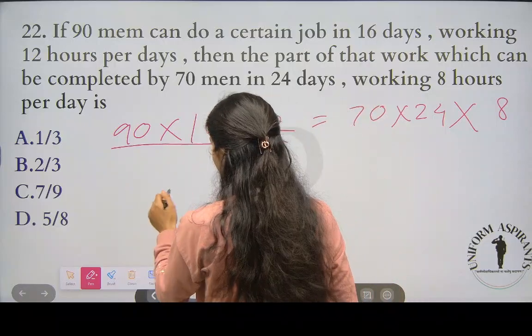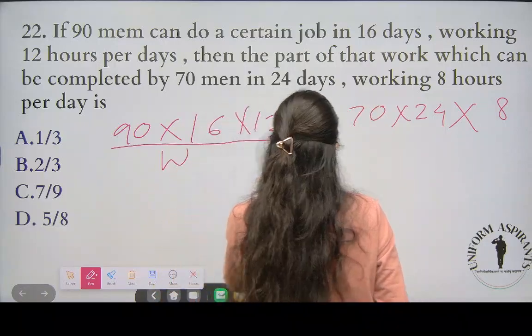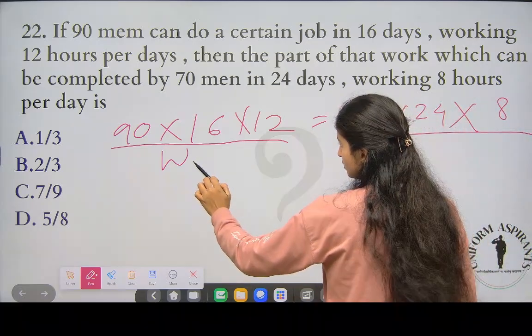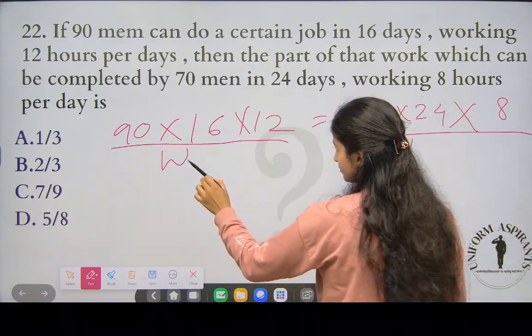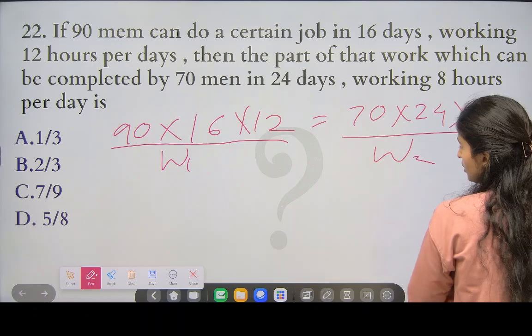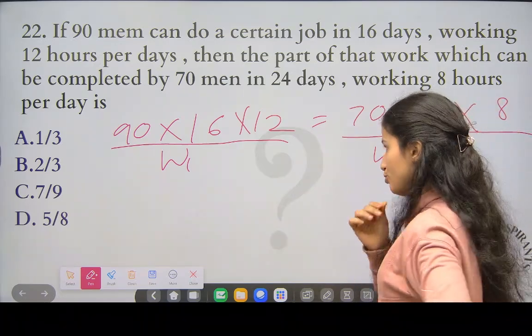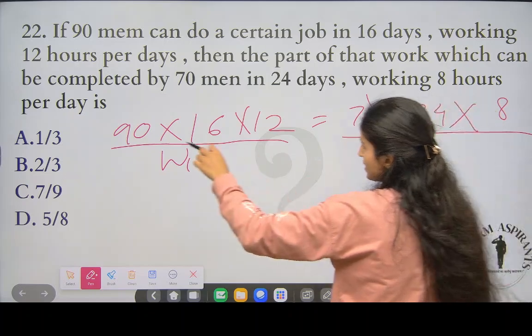W here, W1 and W2. Okay, now we have to find a ratio. Now see, 0 0 cancel.